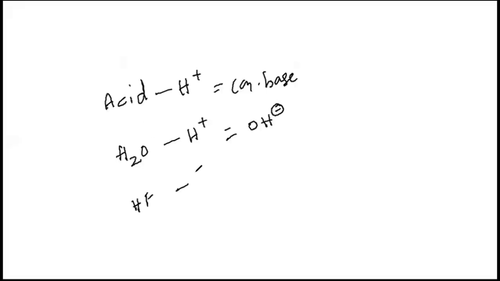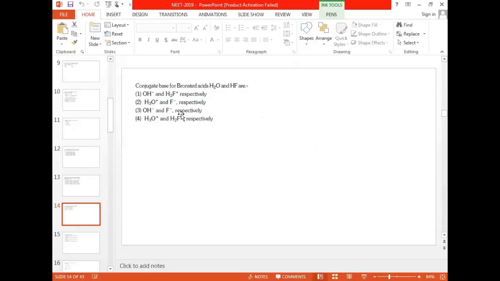Now HF minus H plus is equal to F minus, means OH minus and F minus, these two are conjugate bases. Now look at the question where these options are available. Yes, option 3, OH minus and F minus are the conjugate bases for acids H2O and HF.